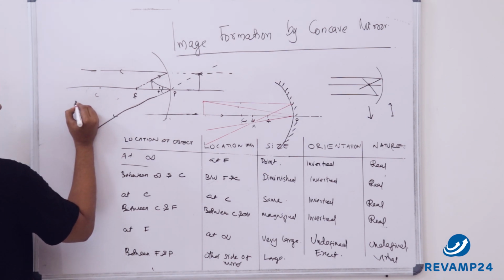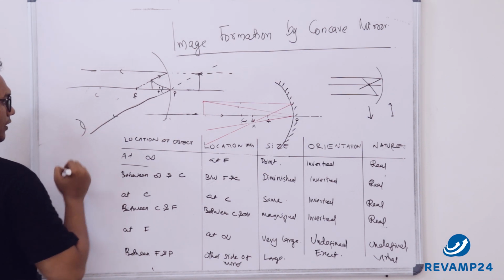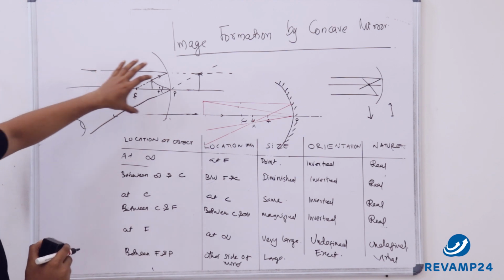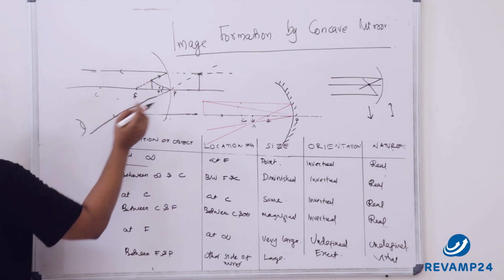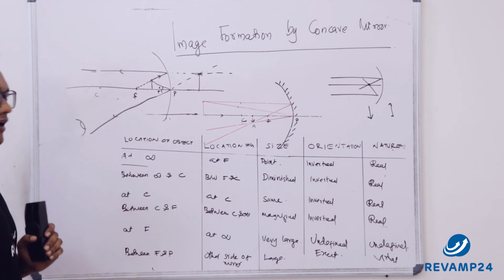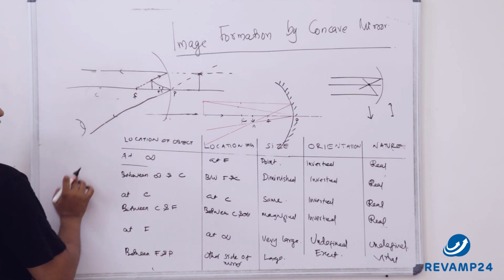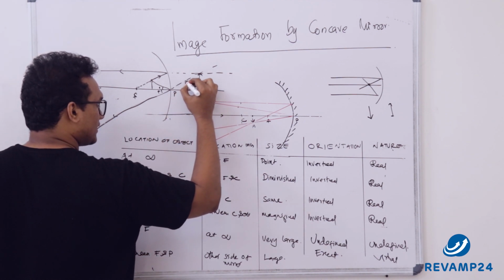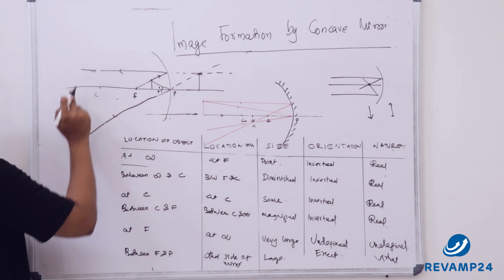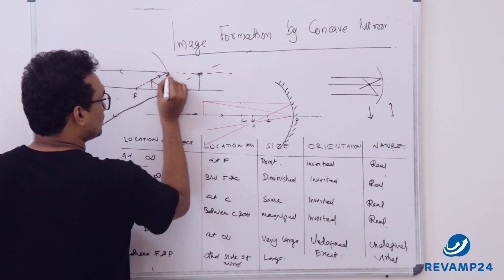But when we are seeing from in front of the mirror, it seems to be intersecting at this point. Our eye is catching these two rays, this ray and this ray. So this ray is saying that the object is somewhere on this line, and this ray is saying that the object is somewhere on this line.